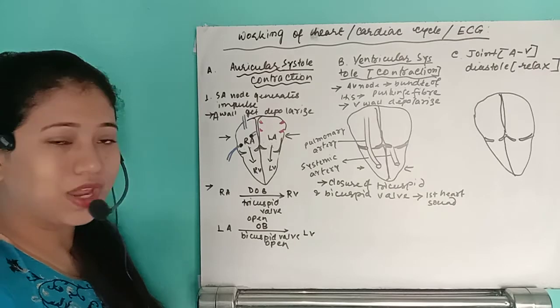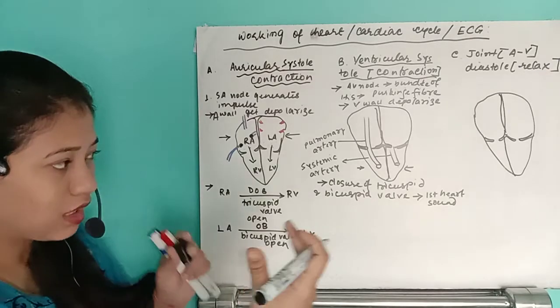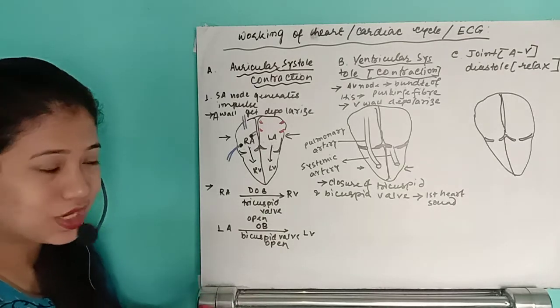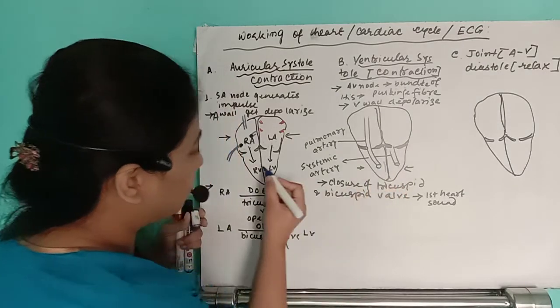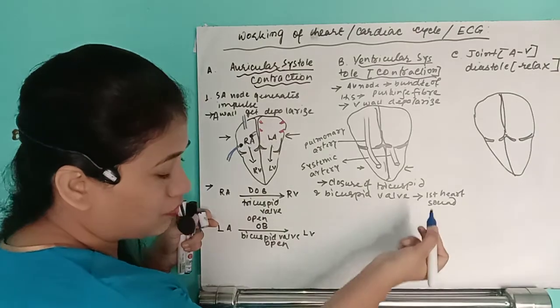So whenever the tricuspid and the bicuspid valve are closed and the contraction process is still going on, then the semilunar valves will open, right? So whenever the semilunar valve opens, the blood already present in the right ventricle and the left ventricle will move.